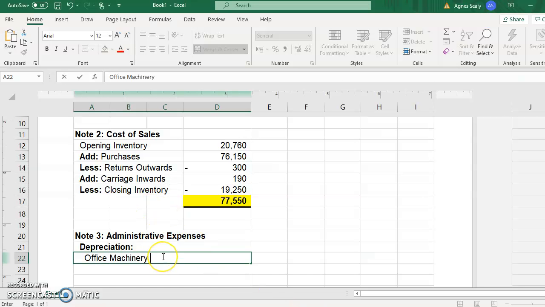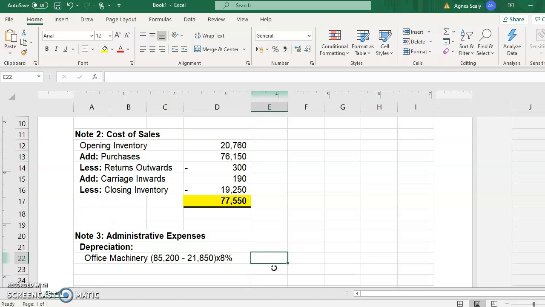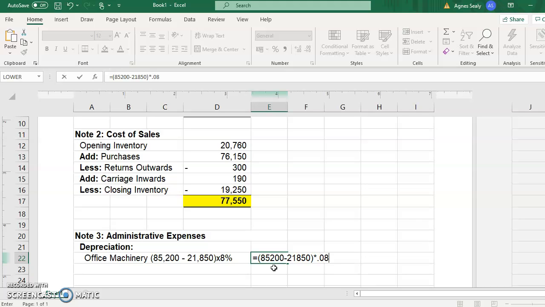And what that means when it talks about reducing balance, we are going to take the cost of the office machinery, which is $85,200, subtract the depreciation that has passed on it so far, which is $21,850, and then find 8%. So that's how we're going to calculate our depreciation. So depreciation, 85,200 minus 21,850 multiplied by 8%.